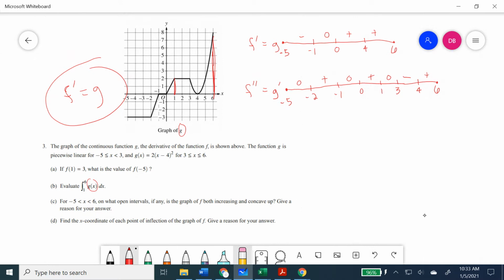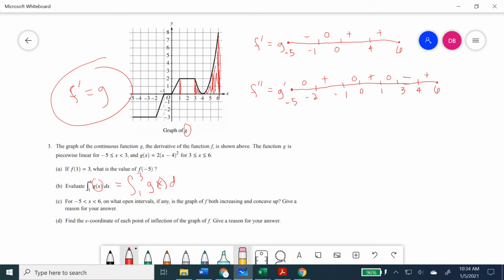However, without using the equation of the parabola, I'm not going to know this area unless I actually solve an integral. When I go to solve this integral, I need to split it up as being the integral from 1 to 3, where I'll find the area under the curve.